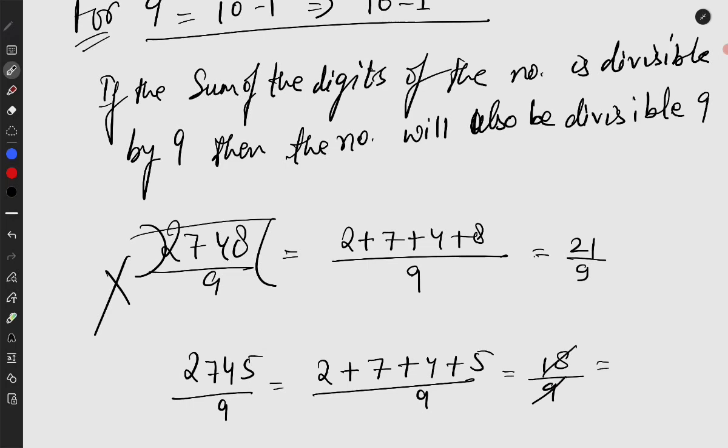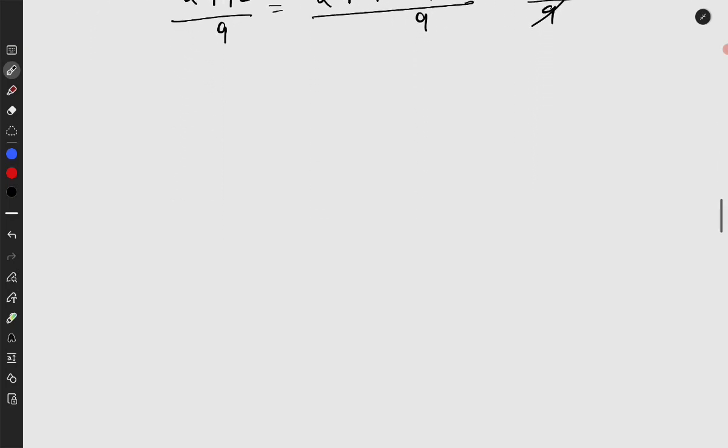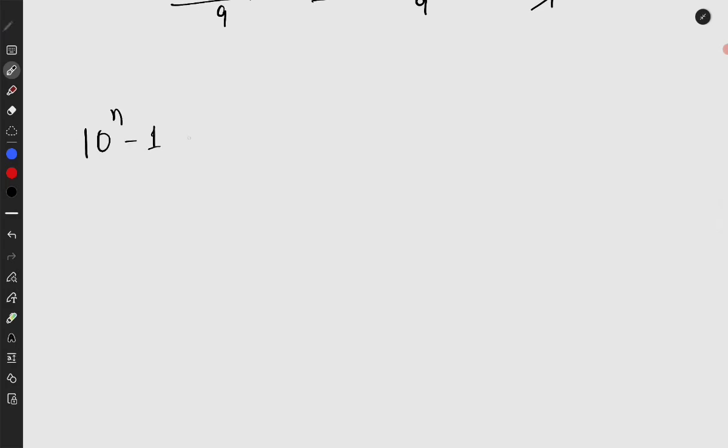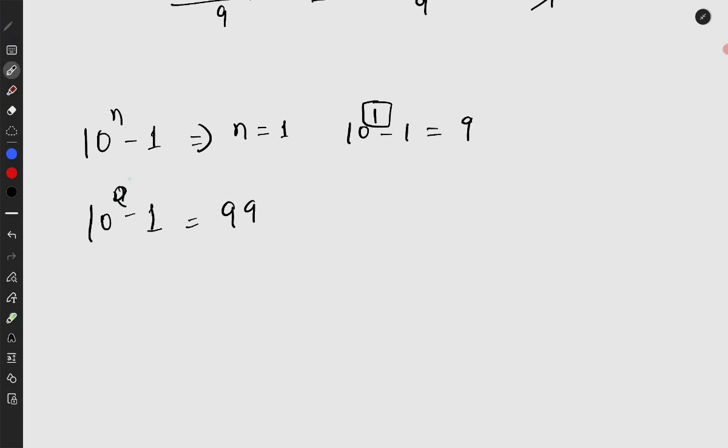Now any number which forms like 10 to the power n minus 1 will follow the same logic. All we need to do is pick pairs according to n. Let's say if n is 1, it will be 10 to the power 1 minus 1, which is 9, so we go for one digit. If we have power 2, suppose n is 2, it will be 99. For that we need to go for 2 digits at a time. Now let's check for 99.